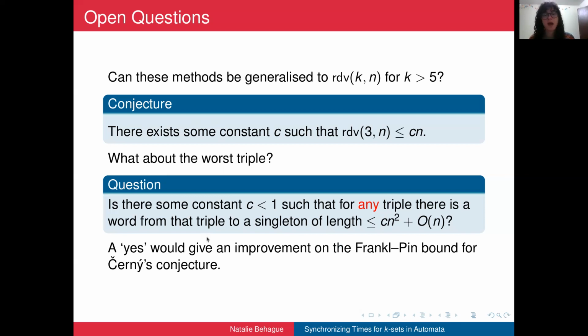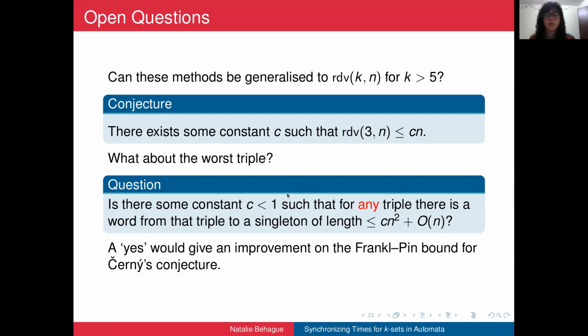And it depends on how much smaller your constant is as to whether it improves the state of the art bound for Cherney's conjecture. I guess if it was only 1 minus some very small epsilon, you might not improve this 0.1654 state of the art Cherney's conjecture bound, but you would certainly improve the n cubed over 6.